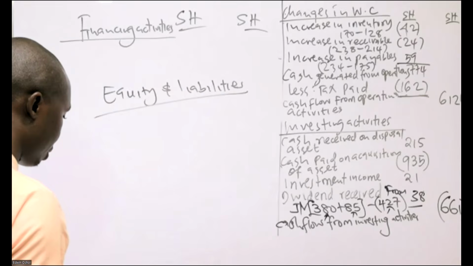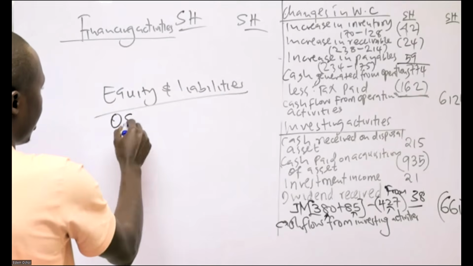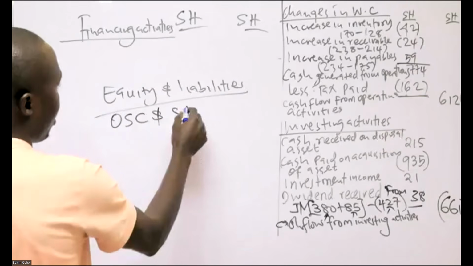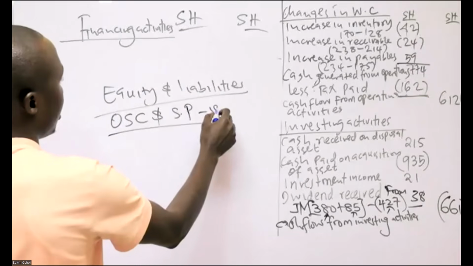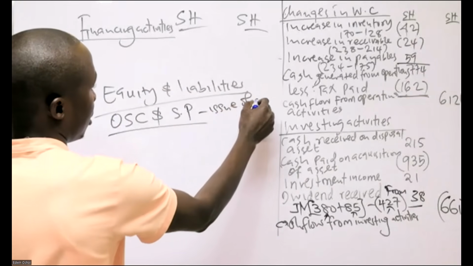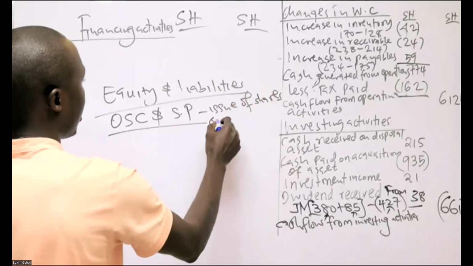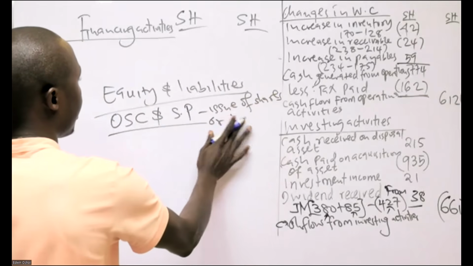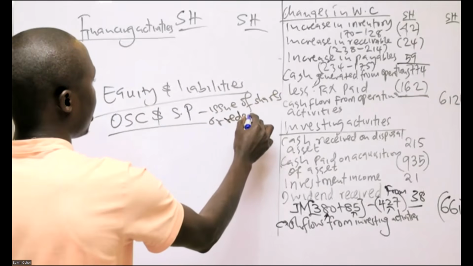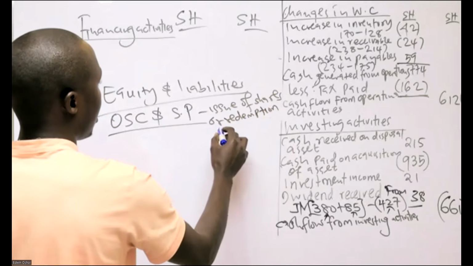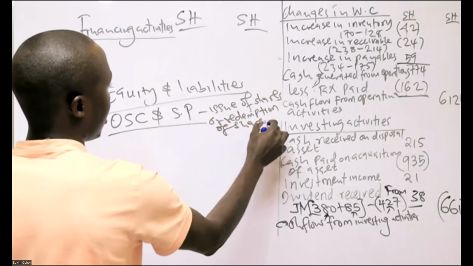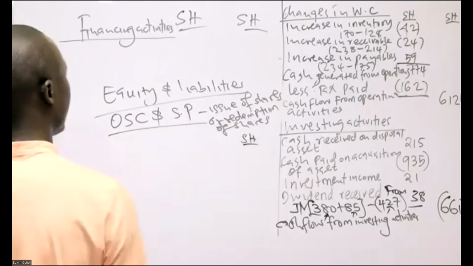The first item under equity is ordinary share capital and the share premium we combine to check what? Issue of shares or redemption of shares.